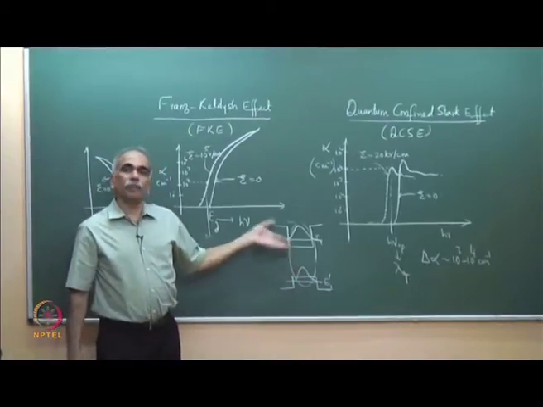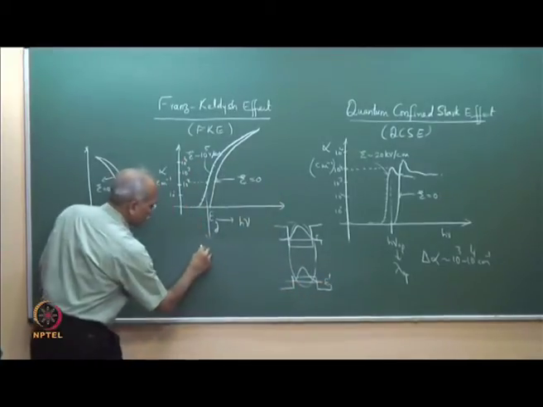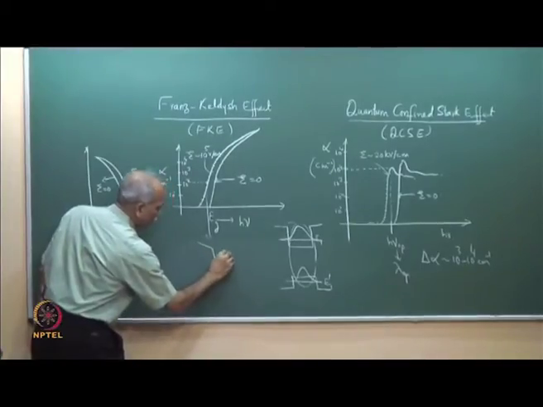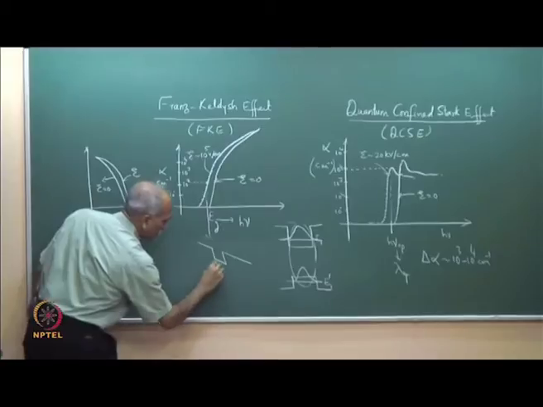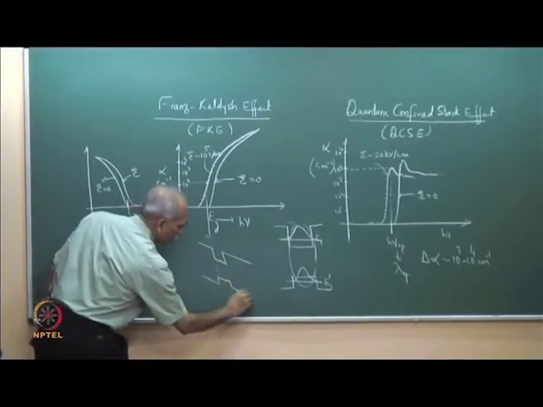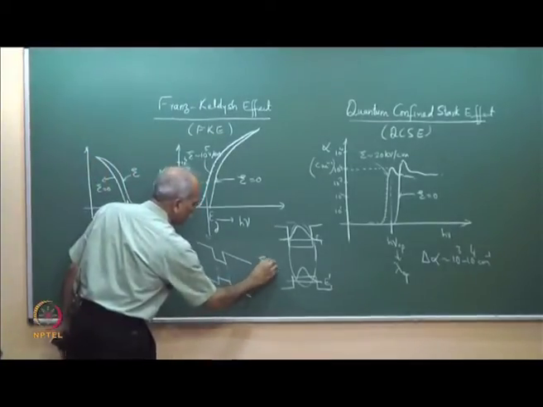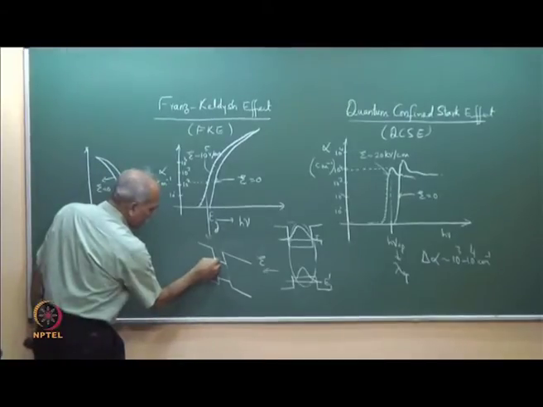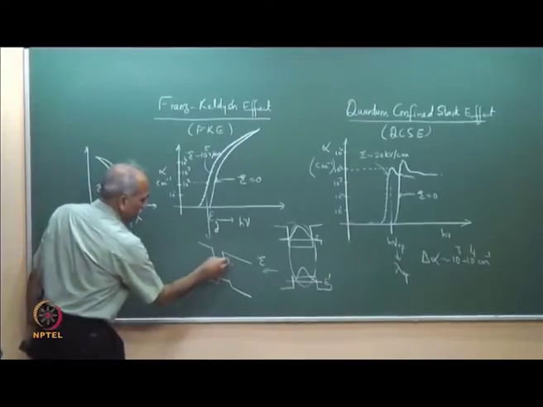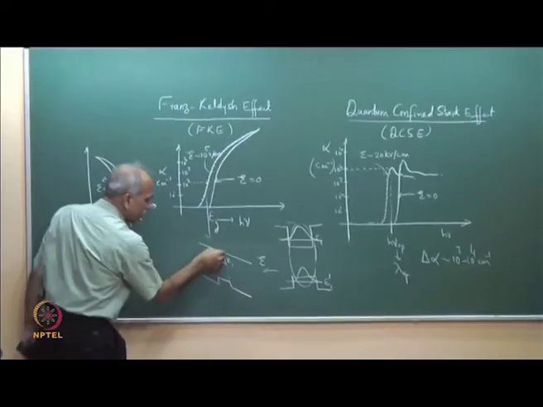In the presence of an applied electric field, the well bends and takes this form. There is a change in the energy E1, but more importantly, the wave function becomes asymmetric.